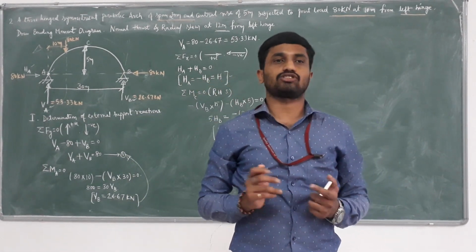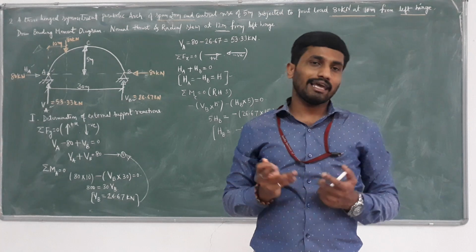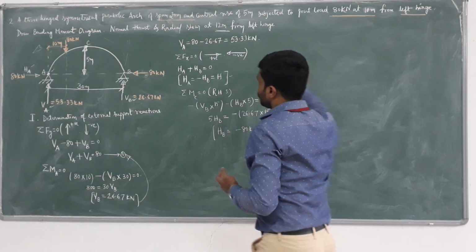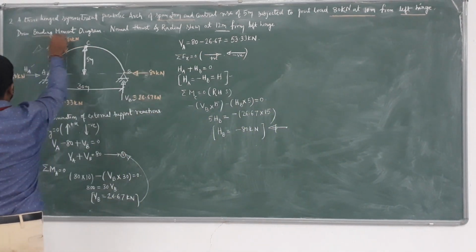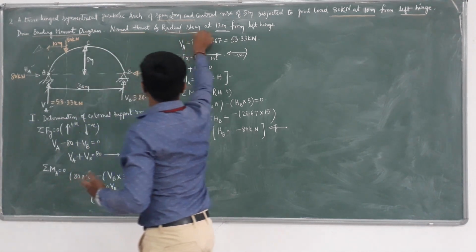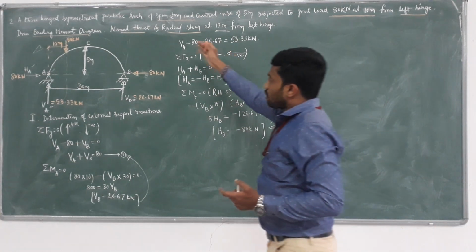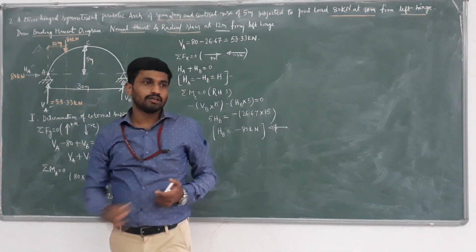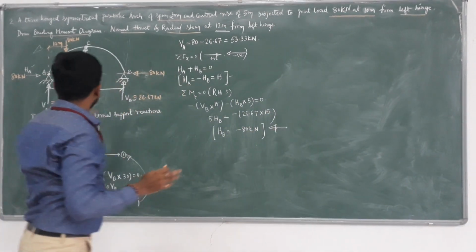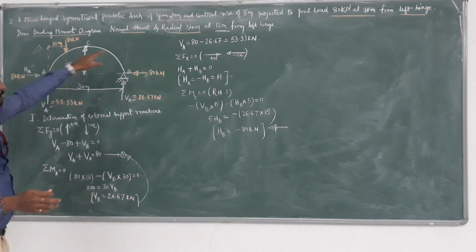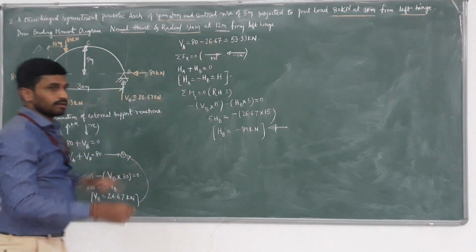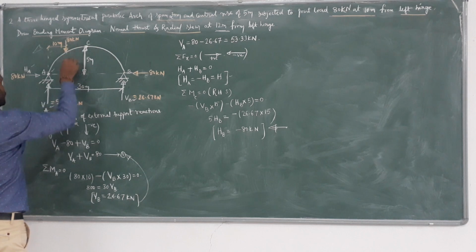Now we move on to the second step. The ultimate aim of the problem is to determine the bending moment, normal thrust and radial shear. For this, we require some values, because it's asking for a point at 12 meters, so somewhere here it comes.